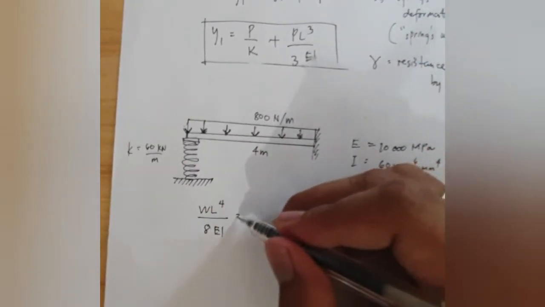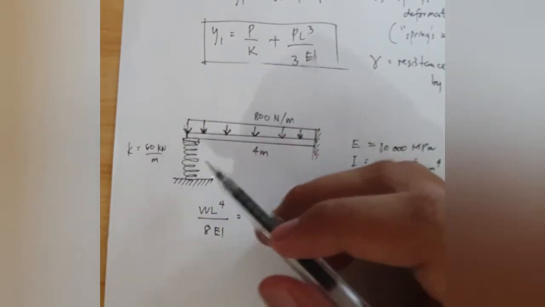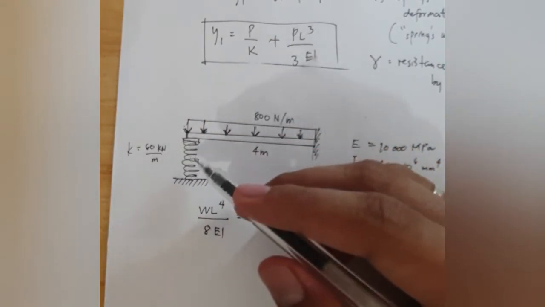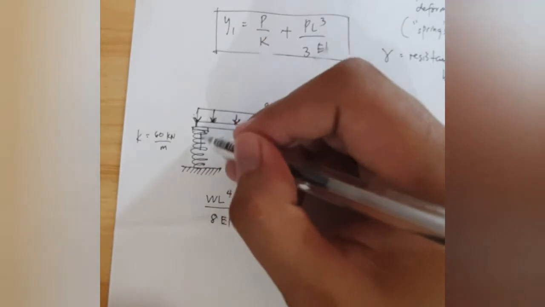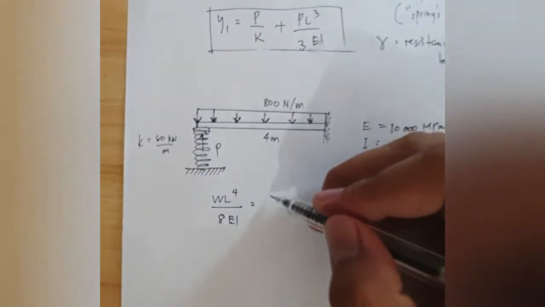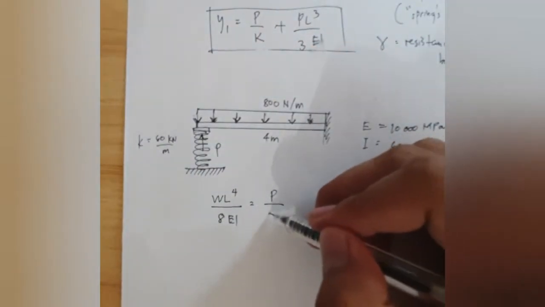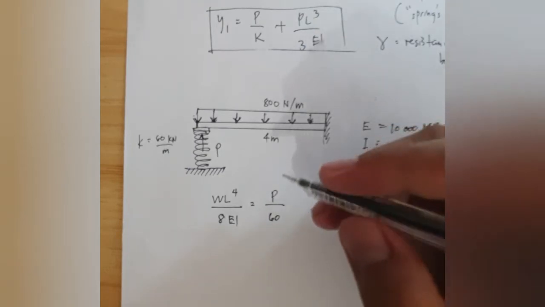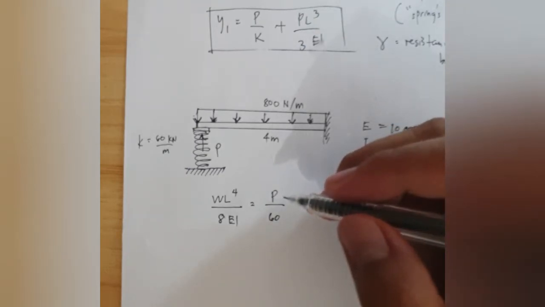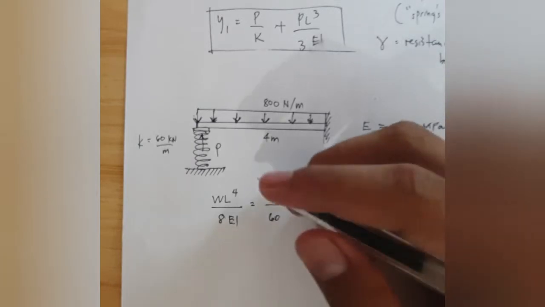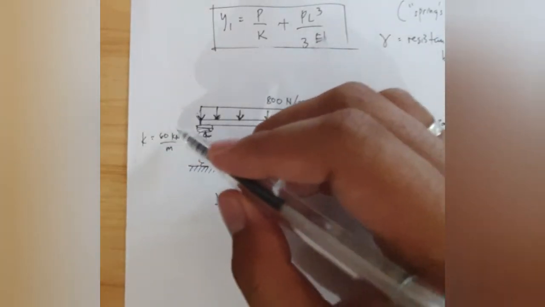Then P over K, so the reaction at A. So P is the unknown here. So P over 60.